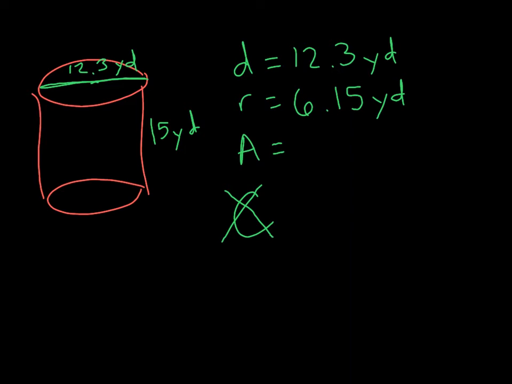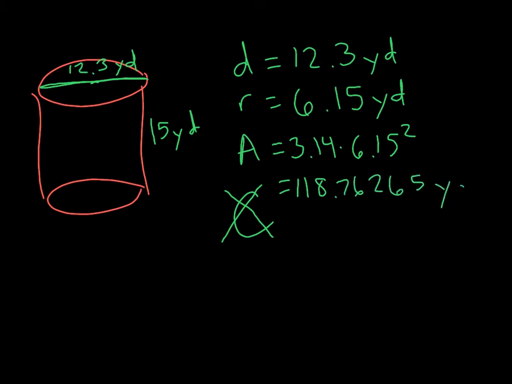So remember that's pi r squared, so I'm going to take 3.14 times my radius squared. And I get 118.76265 yards squared.